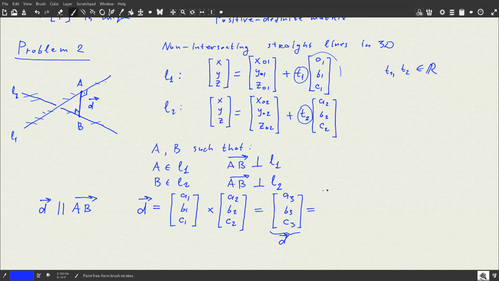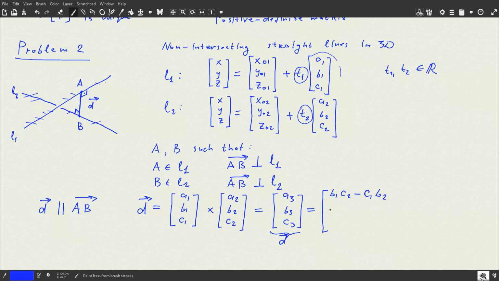And you remember from the vector product, the cross product formulas. So tell me please, what would be the first component? What is a3? How do we express it? It will be determinant of b1, b2, c1, c2. Yeah. So it is b1 c2 minus c1 b2, that way.